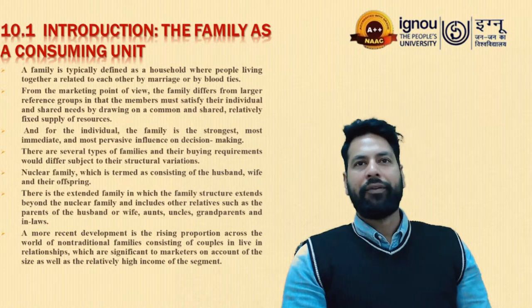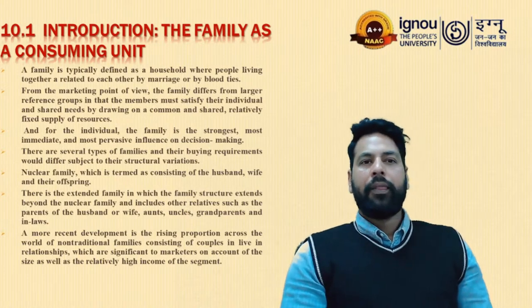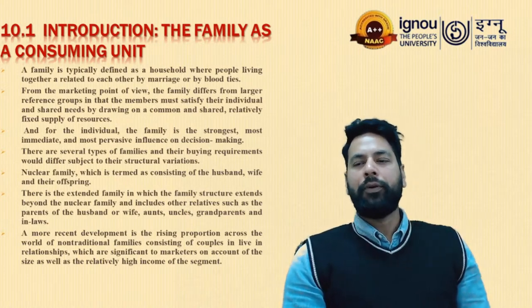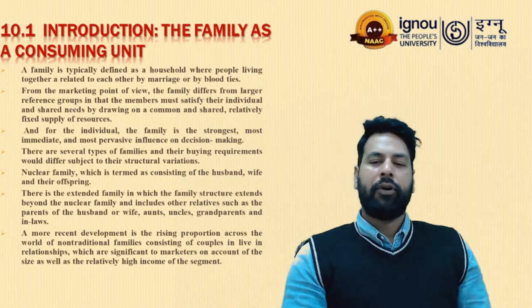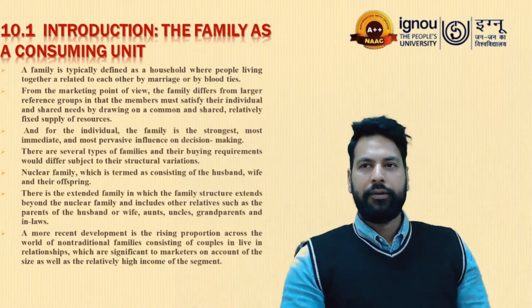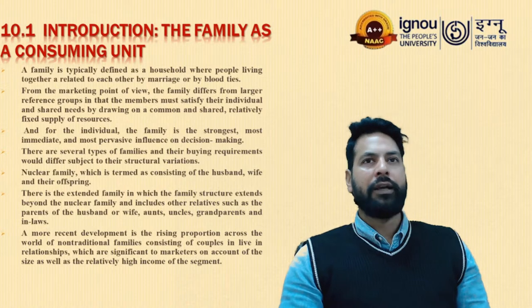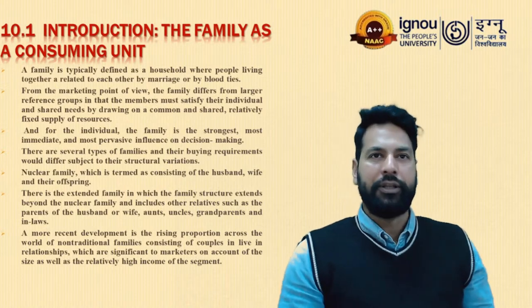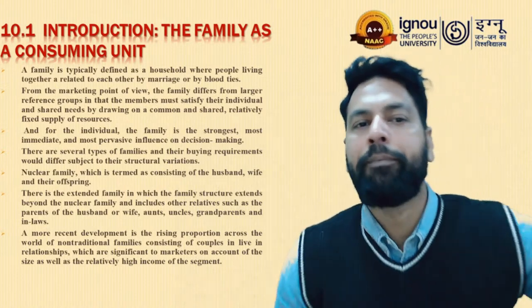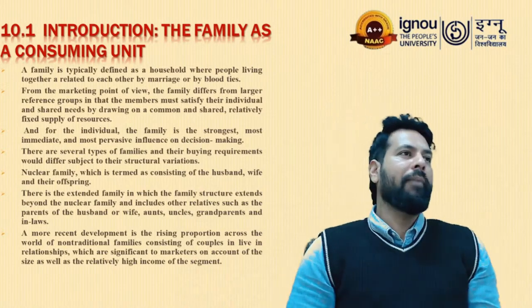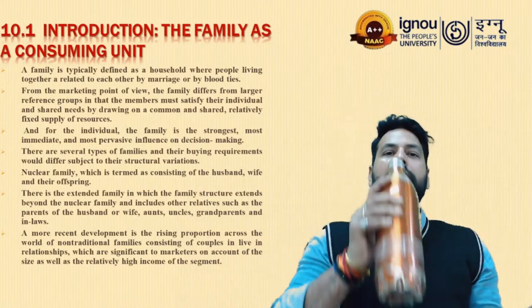Family, first of all, understand the definition. Family is people or a household where people live together and they are related to each other, either by blood or by marriage.